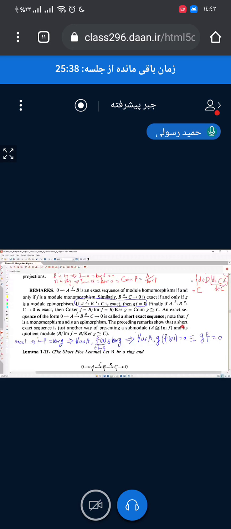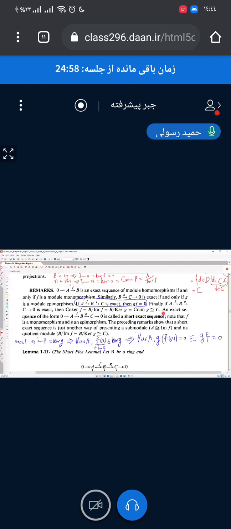Finally, if A, B, C, 0 is exact, then the co-kernel of F is the quotient B over the image of F, which is the quotient B over the kernel of G, which is the co-image of G, which is isomorphic to C. This is an important property.